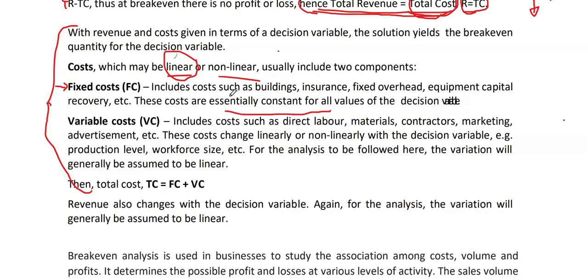So for example, guys, you might have insurance premiums to pay annually. Those insurance premiums that the company pays will have to be paid whether or not the company produces. Whether or not the company uses the warehouse that is insured, the insurance payments still have to be paid, right?